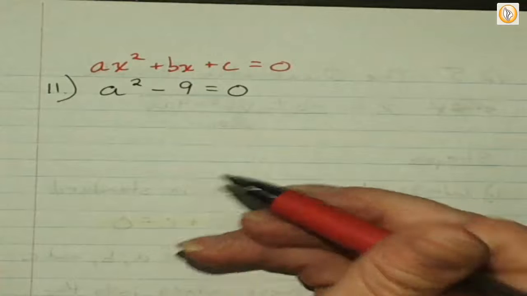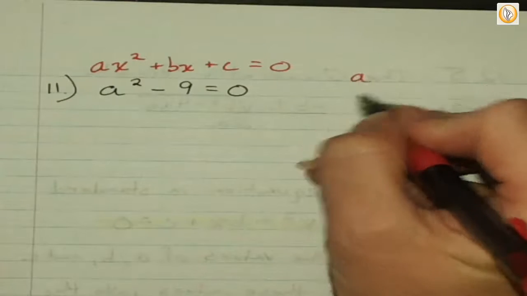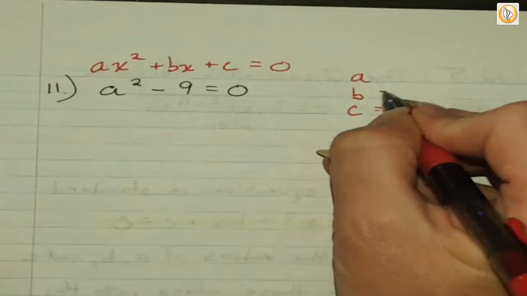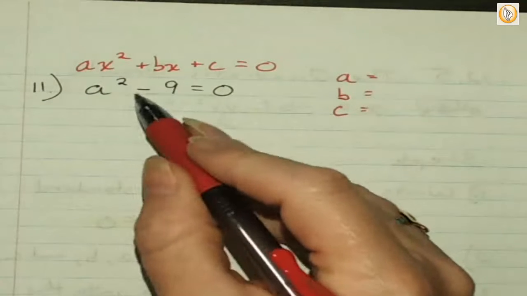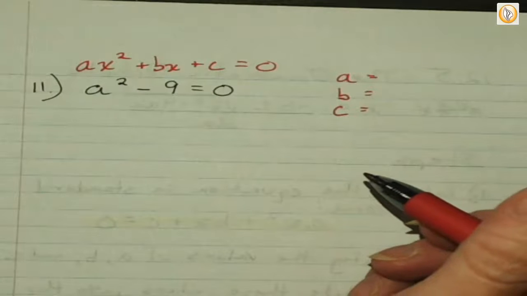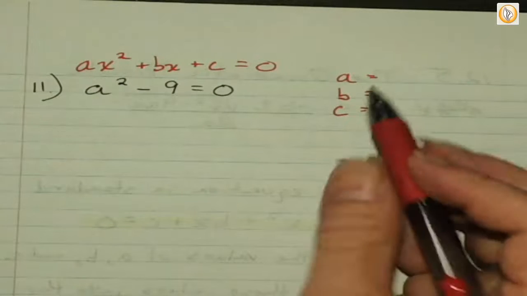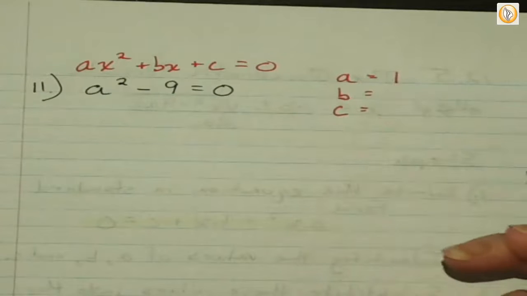Y'all notice that? But still, I'm going to say it again. Over here, write down what your values are. Even if the b is missing, if that whole term is missing, it doesn't matter. Still got to write down your values. So Cecilia, what is the value of a? 1. Perfect.